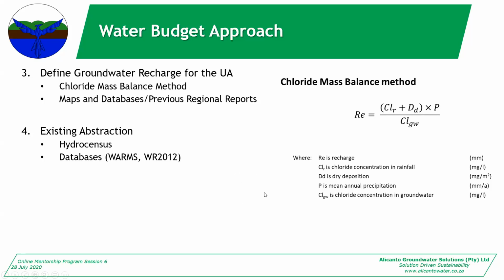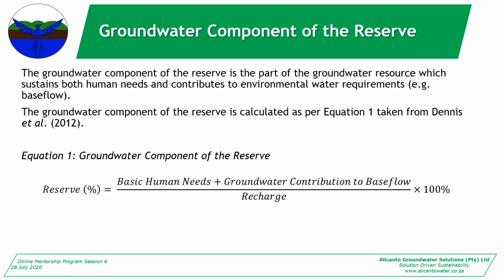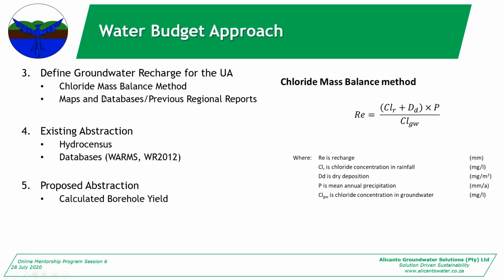And if your neighbor wants to drill a borehole, he should take into account your existing abstraction. Then you have your proposed abstraction, which is your calculated borehole yield. Okay, so is everybody with me in terms of what we need to get together for our water budget?